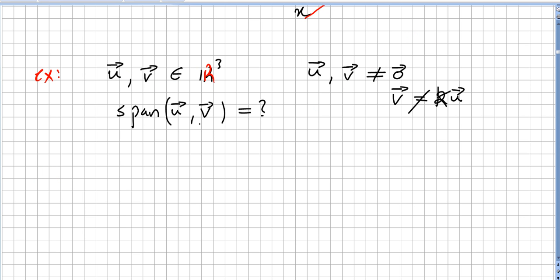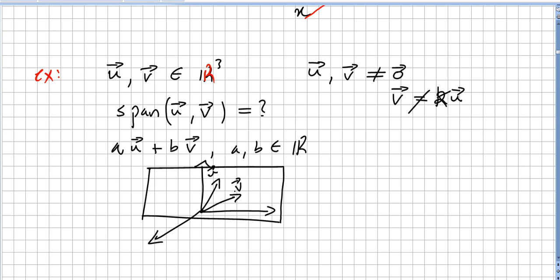So U and V will be spanning vectors in the form A times U plus B times V, where A and B are in the field of the reals. Okay?